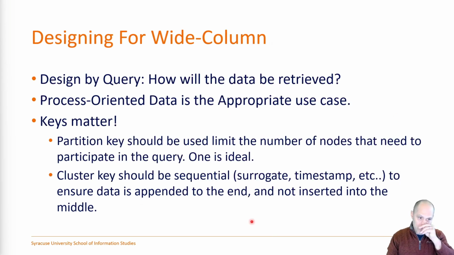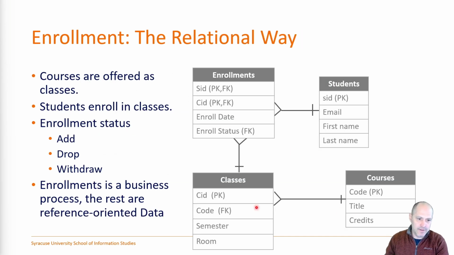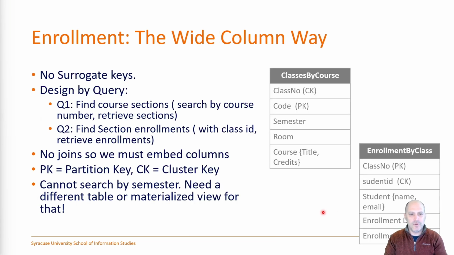And then the classes by course pretty much is representing this here. So it allows you to search, for example, if maybe you want to find a room or a semester. Say, in this semester, what are the classes, right? So I might add an index on semester so that you can find in a given semester what the classes were. This table over here lets you zero in on a student, okay?